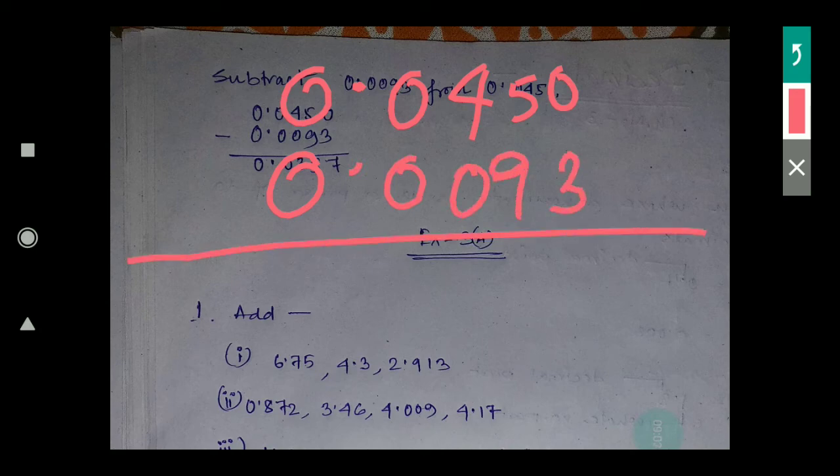Now see how to subtract. Here 0 is there, 3 is there, that means you have to take one carry. If you take one carry then it will be 10. 10 minus 3 is 7. So this 1 you have taken here, that 1 will come to the below, then 9 plus 1, 10. So 5 minus 0 is how much?